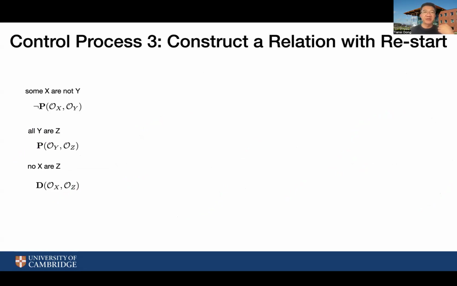In control process 2, we fix two spheres and then find the location of the third sphere. If the first two fixed spheres have a negative relation, for example negation of P, then it is possible that although the three relations are satisfiable, control process 2 will not find the solution.